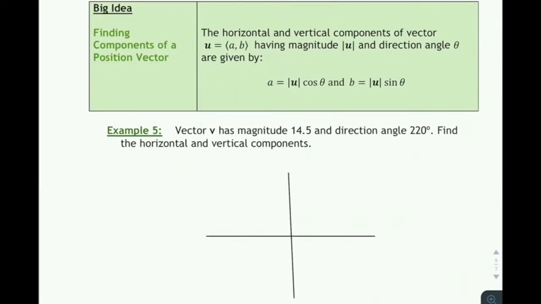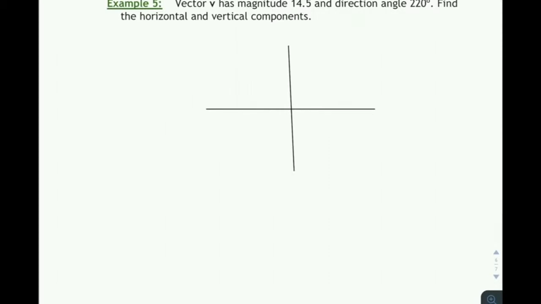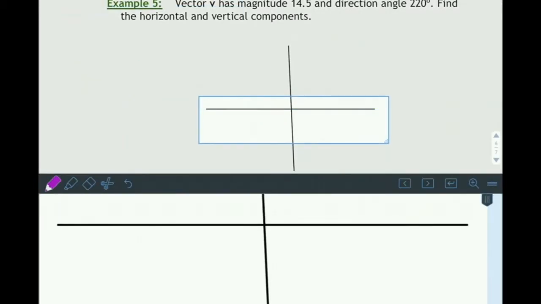The last thing we're going to look at is breaking down the horizontal and vertical components of your vector. There are some formulas for it, but usually I just turn it into a triangle and use what you already know about trig functions. So I would draw your direction angle to start with.